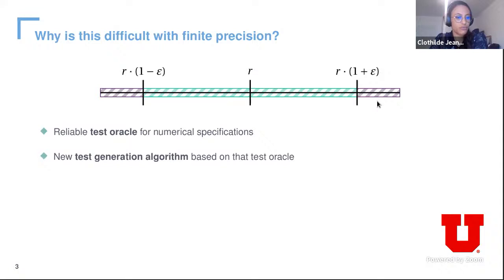The second challenge will then be to adapt the test generation algorithm to this new test oracle and numerical specification. And finally, our goal is to target accuracy errors that may occur in the implementation of numerical specifications. We will then need a new accuracy mutation to target those specific errors.